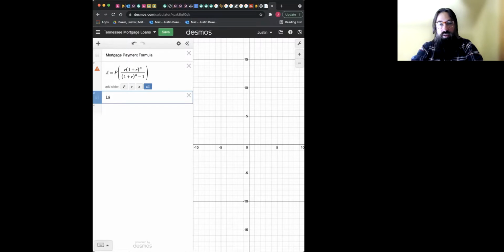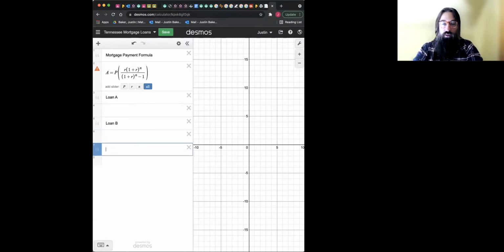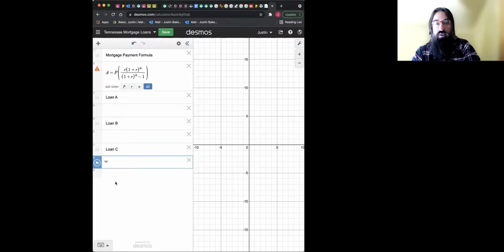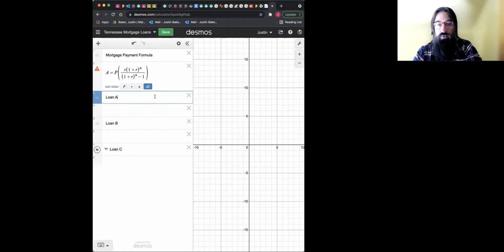And then to do this next thing, we're going to need to have 3 formulas. You can see I'm just hitting enter. Loan A, loan B, loan C. And if you want to be really clever, you can add folders and call it loan C in the folder. It'd probably be helpful for me to be clear about it. Folders, if you can figure this out, which you should be able to.